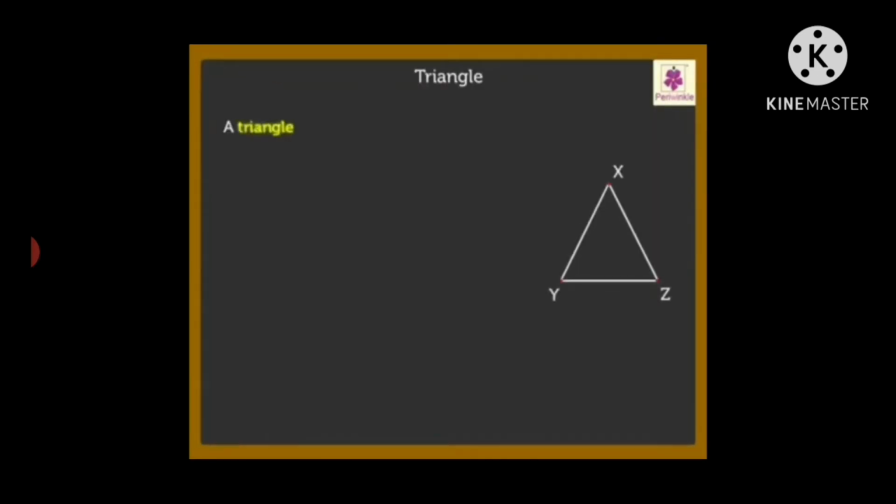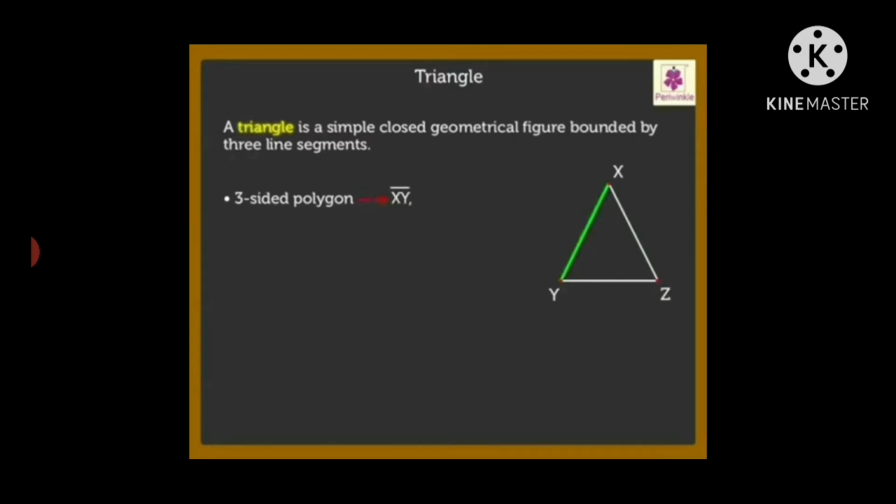A triangle is a simple, closed, geometrical figure bounded by three line segments. Look at this figure. It is a three-sided polygon with sides as line segment XY, line segment YZ, and line segment XZ.